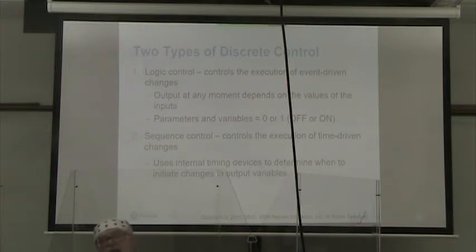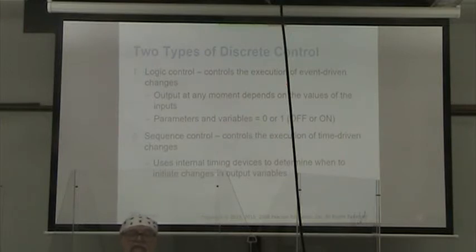So, two types of discrete control can be used. One is logic controls, which control the event-driven changes. The output depends on the value of the input.